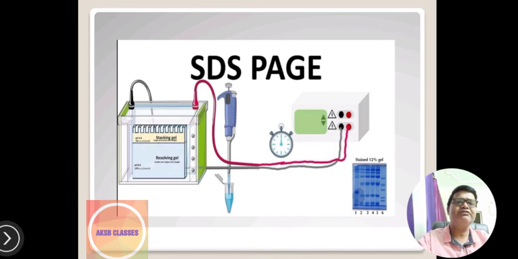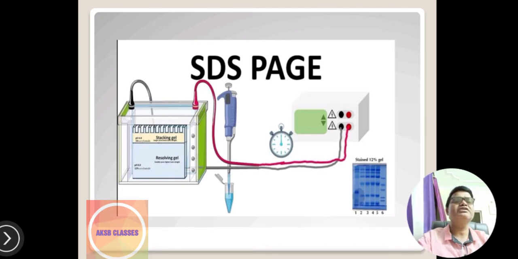It starts from the cathode, the negative terminal, to the anode, the positive terminal. When we apply the electric field, in the presence of the electric field and the buffer, it moves toward the anode.